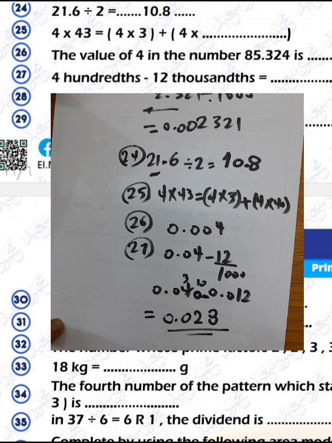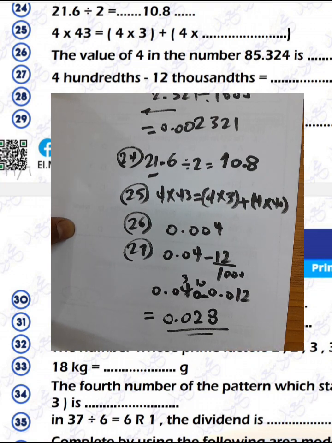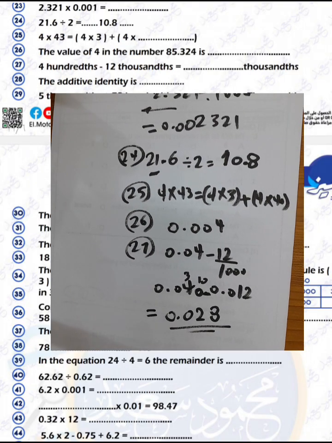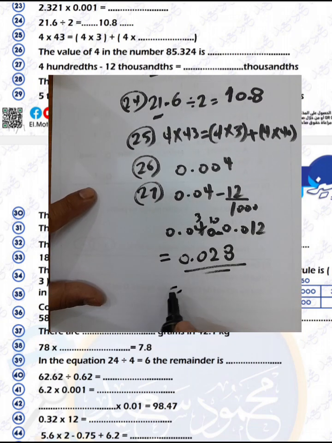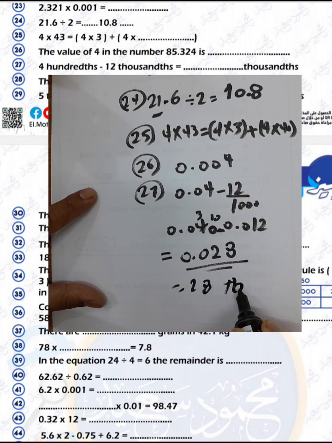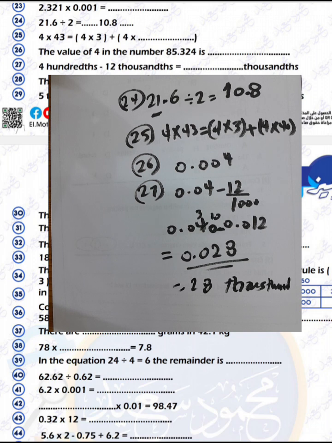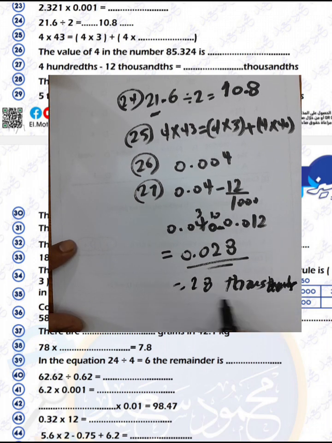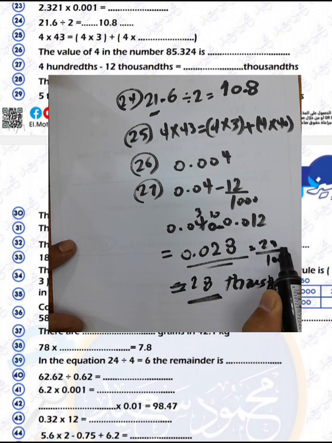Question 27. The result will be, again, for example 400th. Right here, 28 behind this word thousandth, right? 28 thousandths, because this number will be 28 over 1000.